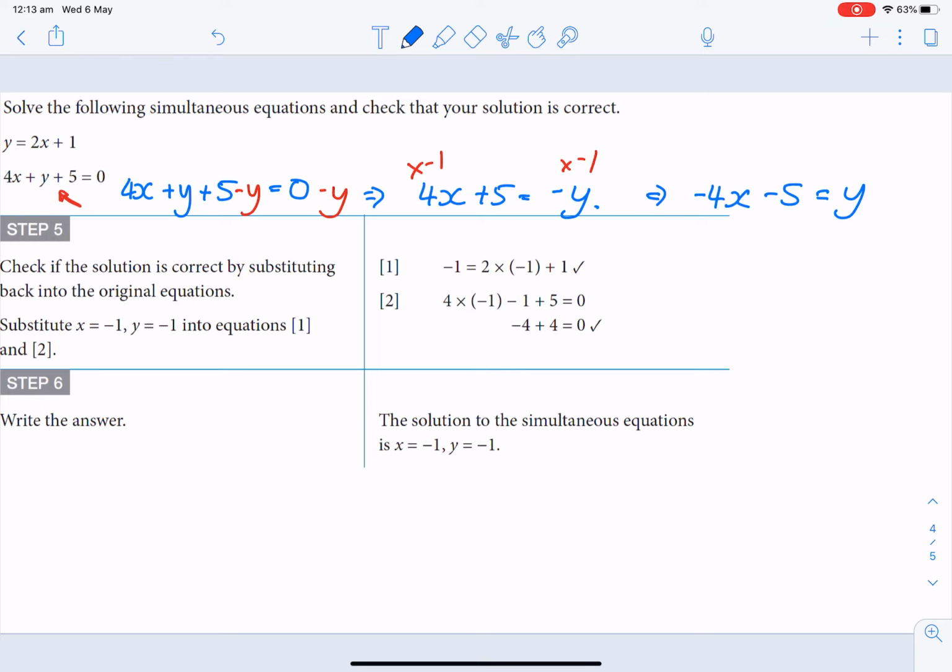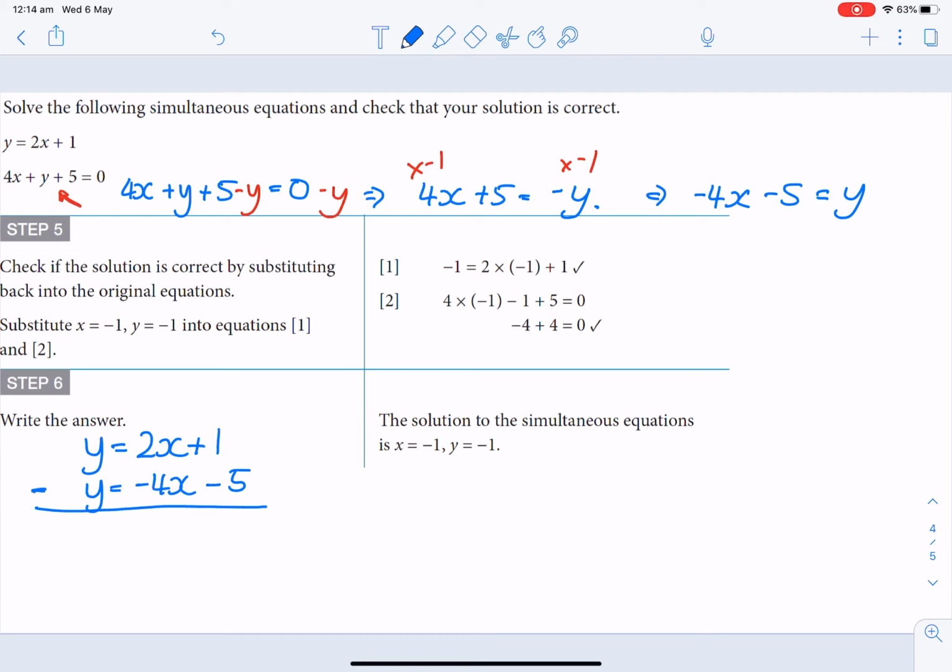I'm going to take this down to the bottom of the page. Both my equations are equal to y. Y equals 2x plus 1 and y equals -4x minus 5. As per the previous example, I know that both of them equal y, so let's take them away.